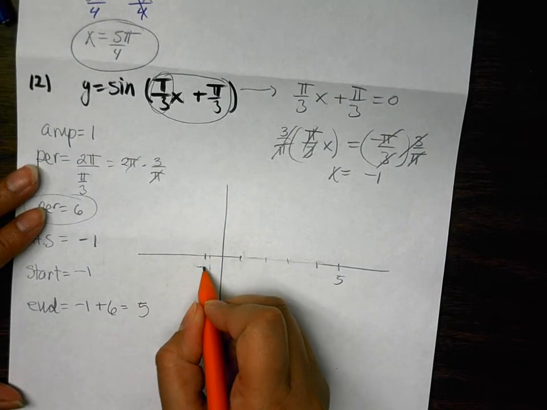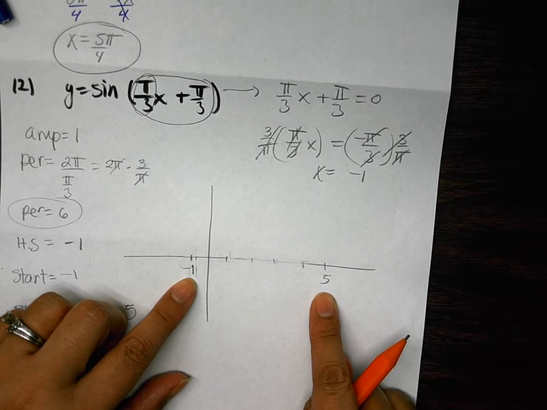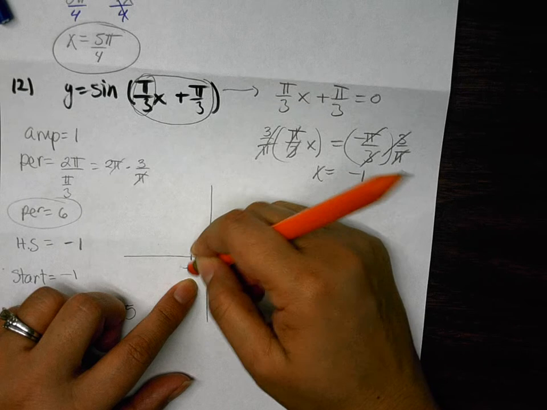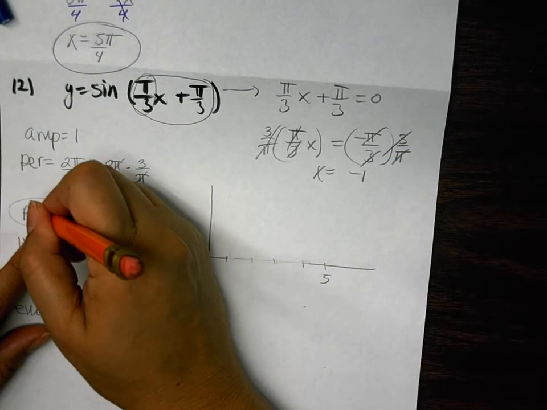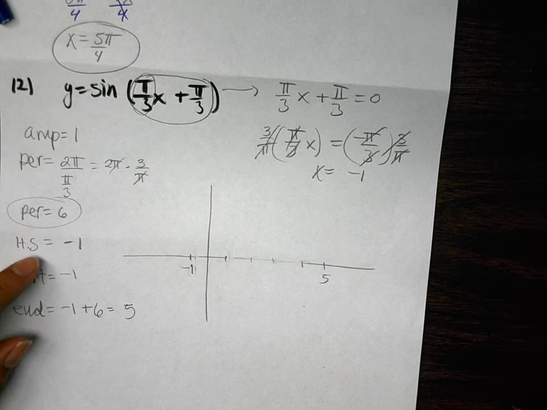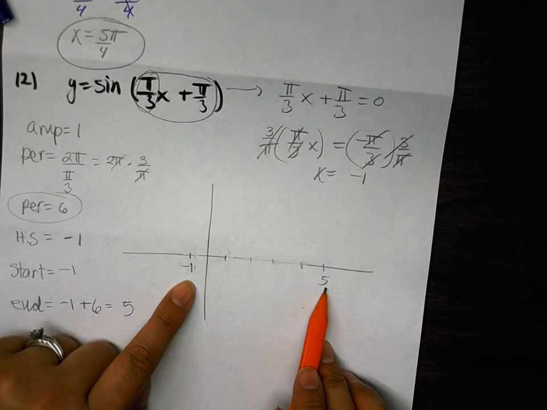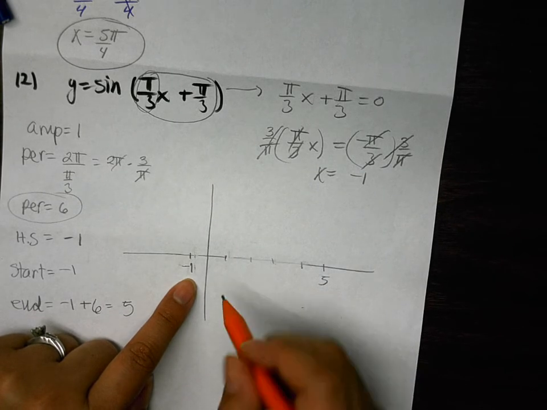All right. Remember we've talked about right minus left. What's 5 take away negative 1? And whatever you get should be your period length. I heard 6, and is 6 your period length? Yes? All right. Middle point, 5 plus negative 1 is what? 4?